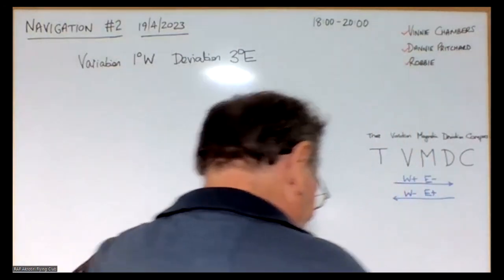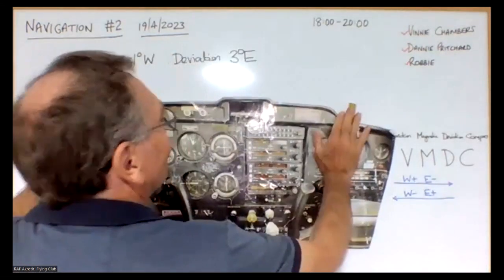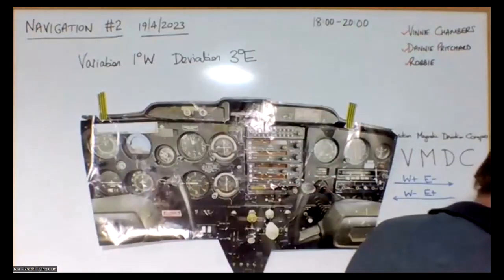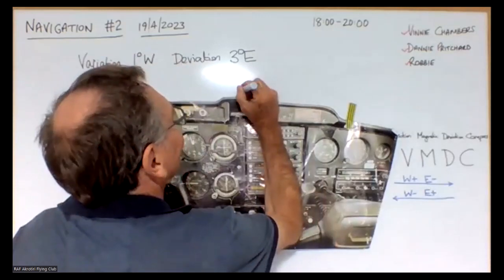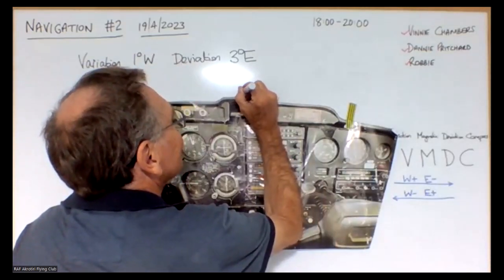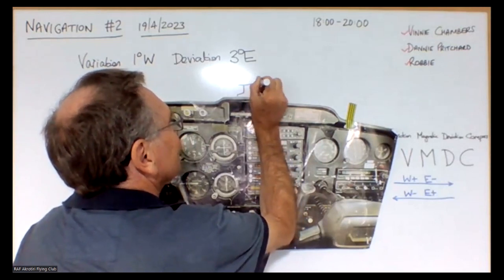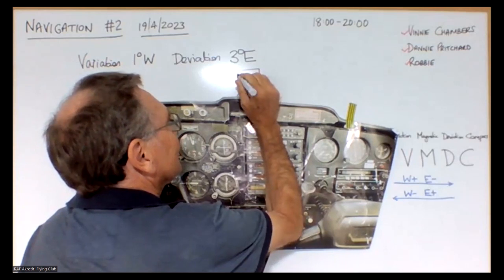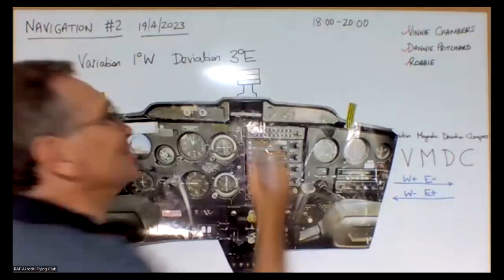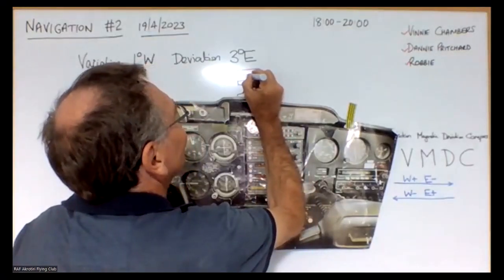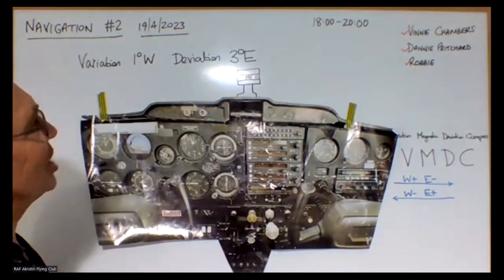I'll have to do a small modification here. So this is my aeroplane. That's the compass that sits on the top of the dashboard here.